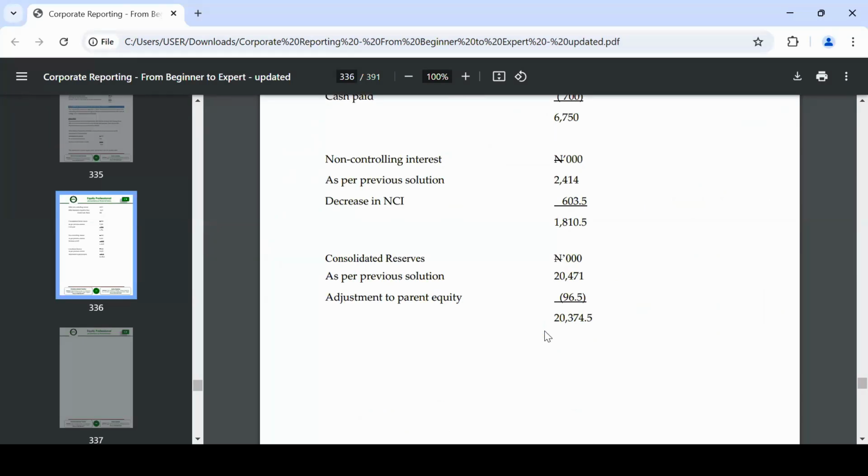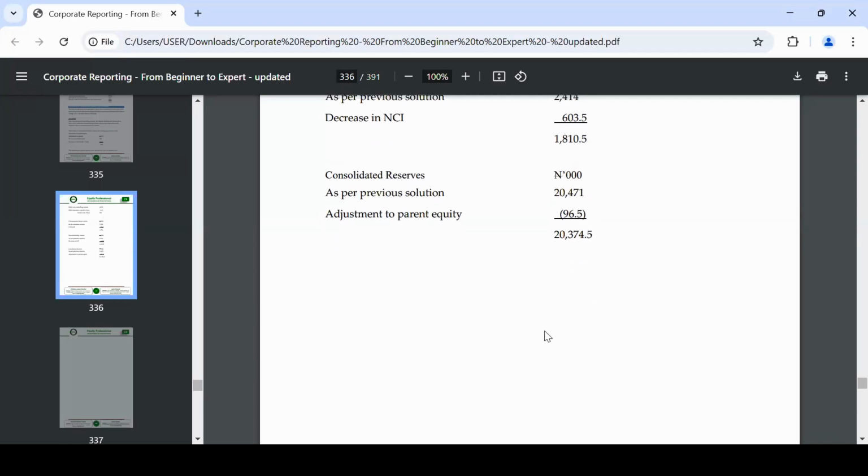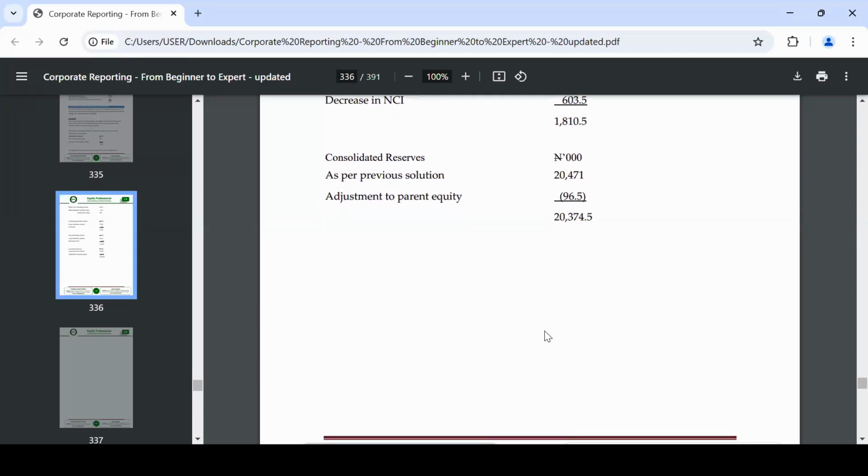It should also reduce by the carrying amount of that NCI, which was 603,500. I don't need to explain consolidated reserve. If that 96.5 is going to SPO, you should know definitely to be represented on your statement of financial position under reserves.